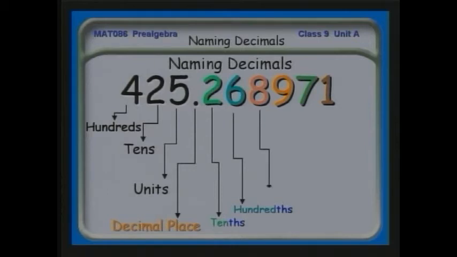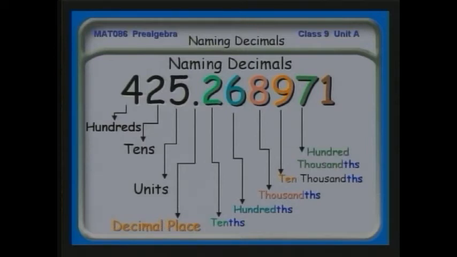Hundredths, thousandths, 10,000ths, 100,000ths, and millionths. Millionths represent something divided into a million parts. So 1/1,000,000th of something isn't going to be very much of it.